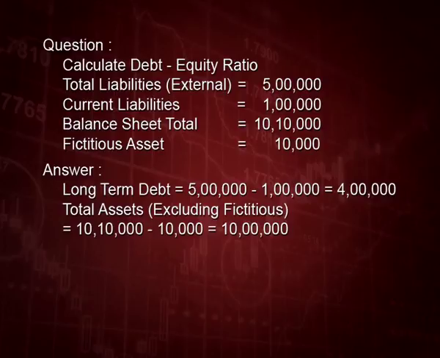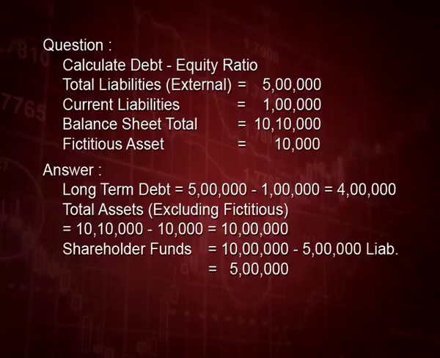The long term debt, as I told you, is 4 lakh, 5 lakh minus 1 lakh, 4 lakh, and the total asset will be the total of balance sheet 10 lakh 10,000 minus 10,000. What was that 10,000? Yes, fictitious asset. So, our asset will be 10 lakh.